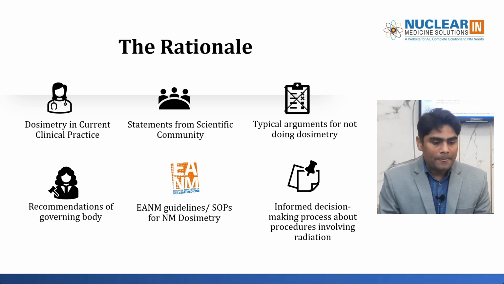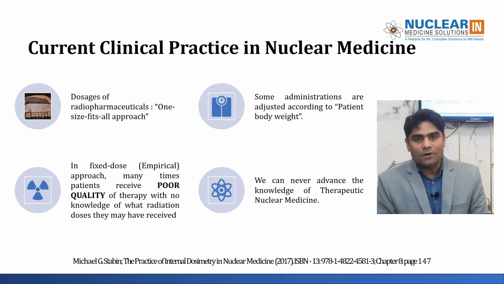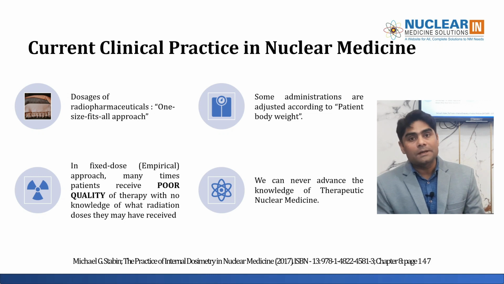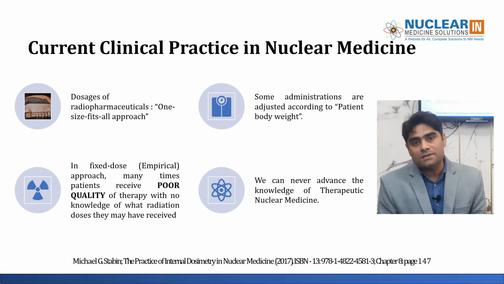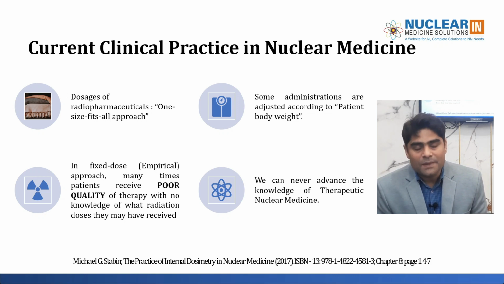So let's begin. In the current clinical practice in nuclear medicine, the approach called one dose fits all, or the empirical dose approach, is generally used, where the doses are decided based on the number of lesions or the extent of disease, and there is no customization of doses based on patient to patient variations.